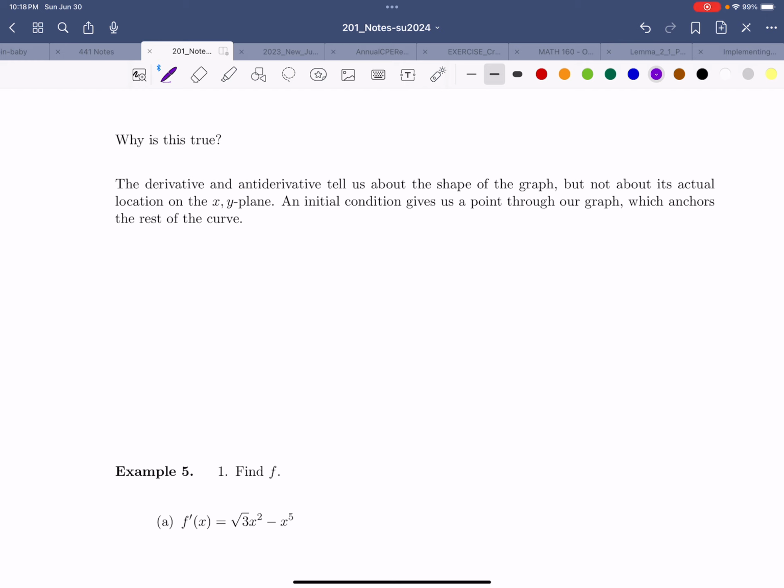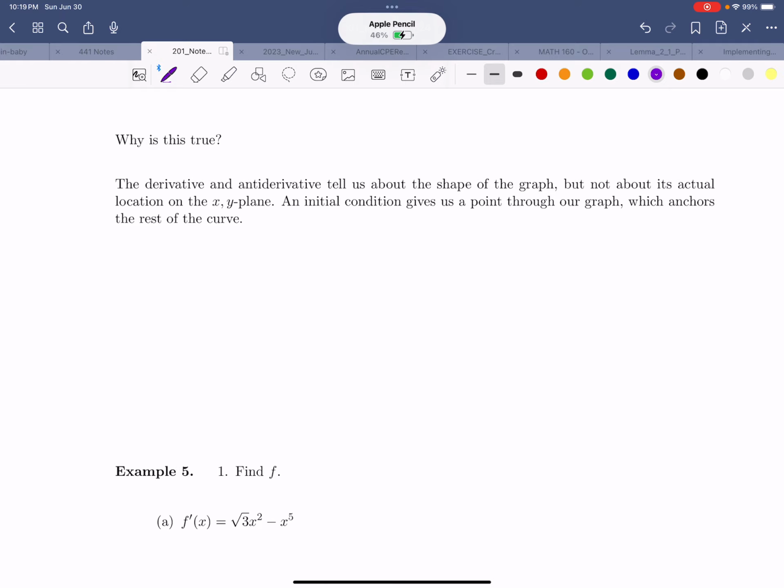Well, if you think about it, remember from curve sketching and max-min and concavity stuff, the derivative and second derivative and antiderivative, all of the derivative stuff tells us about the shape of the curve, about the behavior of the curve. What it does not do is tell us about the location of the curve, right?